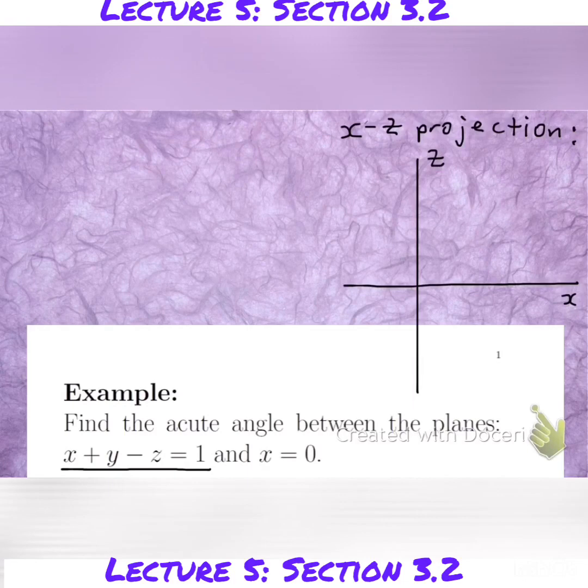Looking at the xz projection, we make y 0, so we're looking at the straight line x minus z equals 1. That's going to give you 2 points: the point 1, 0, 0, and the point 0, 0, minus 1. Right, so there we've got more or less an idea of what this plane is going to do.